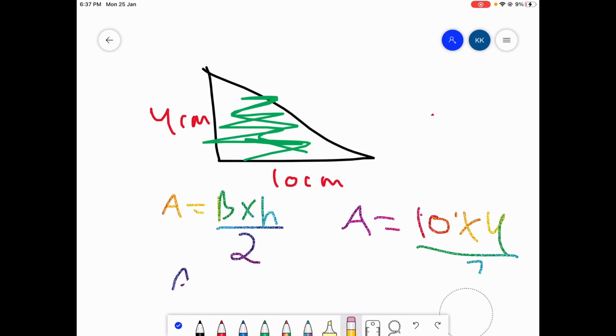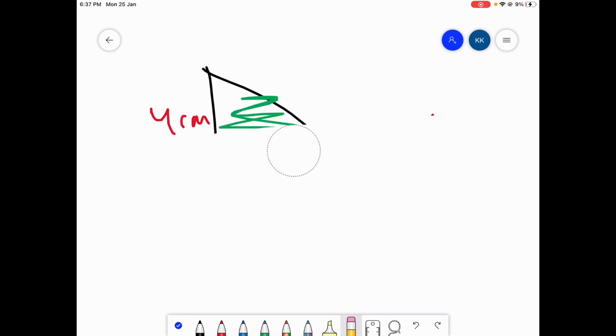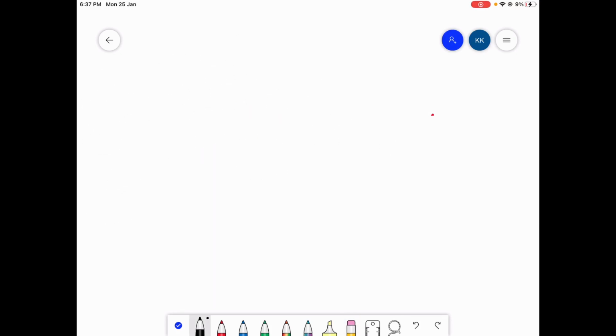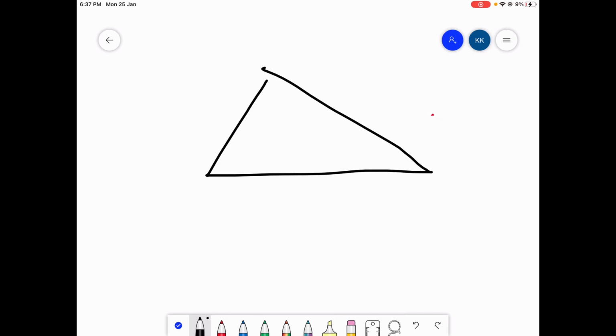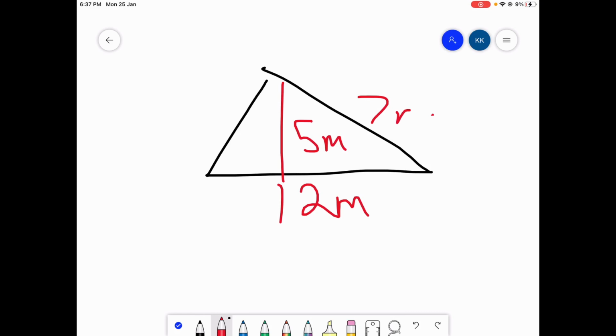Let's try another example. We have this triangle with sides 12 meters, 5 meters and 7 meters.